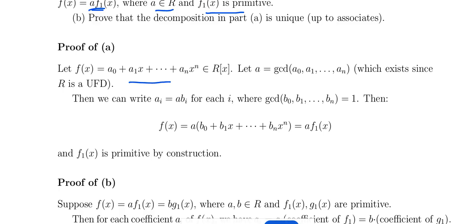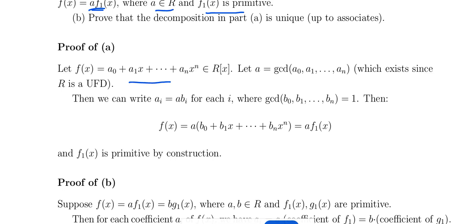And ai equals a bi for each i, with gcd of b0, b1, b2, ..., bn equal to 1. Then f of x equals a times the sum of bi x^i, taking the coefficients b0, b1, b2, ..., bn.